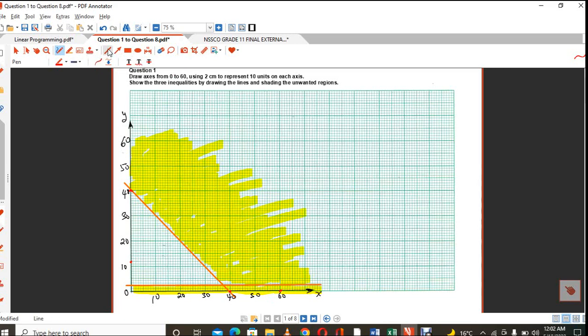So again, you take your ruler and you join these particular points. And the part that I was supposed to shade was what was above that line. So my shading definitely included that part. So I'm just going to get that nicely done. Even that part should have been shaded.